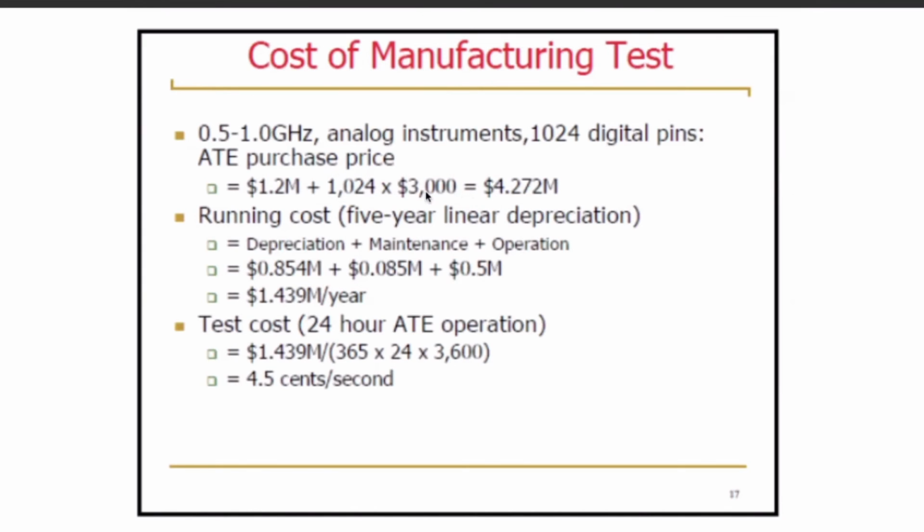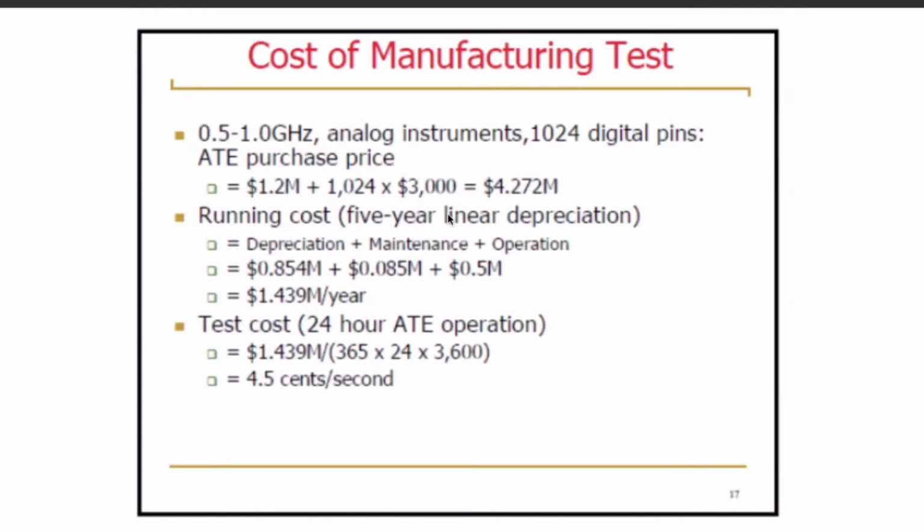If you go to purchase an ATE which has 1024 pins, you will have to spend approximately 4.27 million. The running cost of the machine, if you are operating it, is almost 1.4 million per year if you operate it for 5 years, and the maintenance cost and operation cost are included in this running cost.